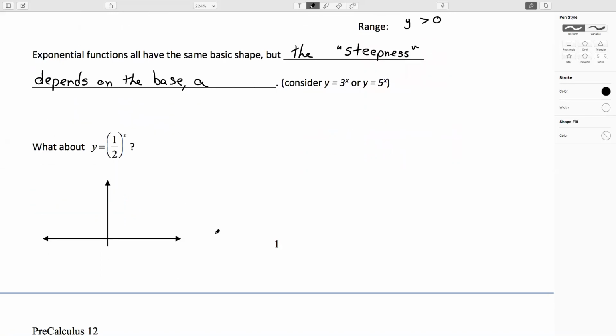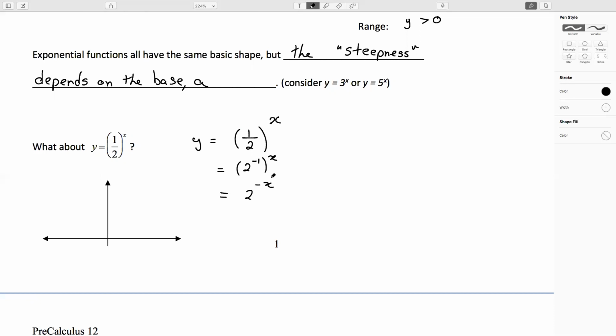What about 1/2 to the power x? If we were to graph this, we would have the equation 1/2 to the power x, which could be simplified to 2 to the minus 1 to the power x. So essentially, it's like 2 to the negative x.